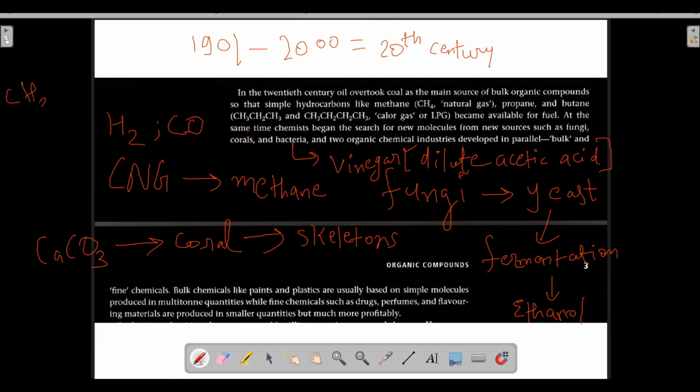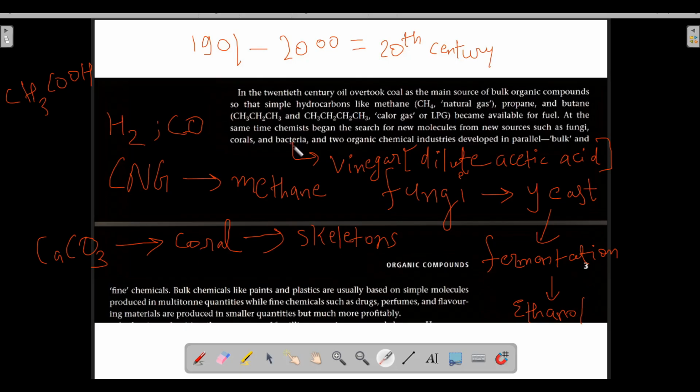This is derived with the help of a bacteria. Vinegar, a highly dilute acetic acid, is used in foods, in Chinese foods. I am not remembering the name of that bacteria right now.